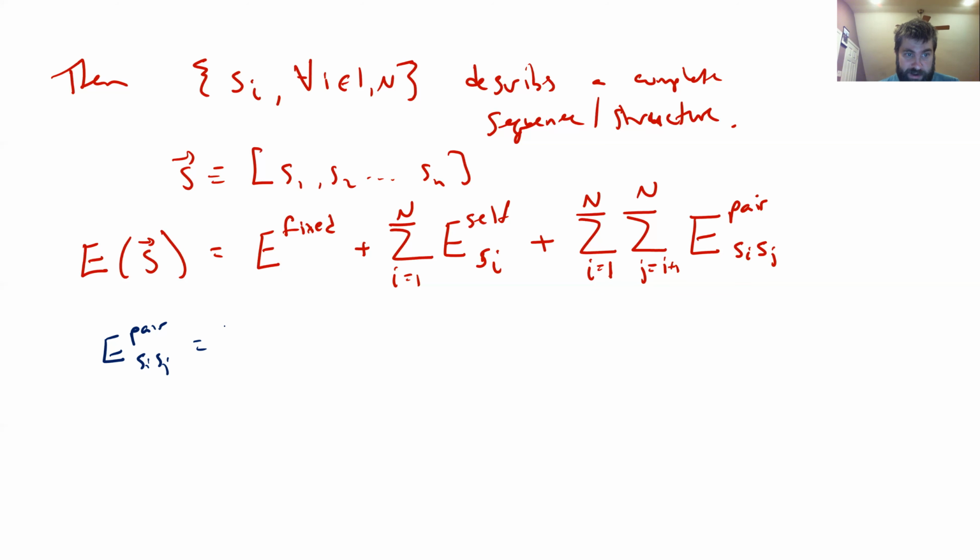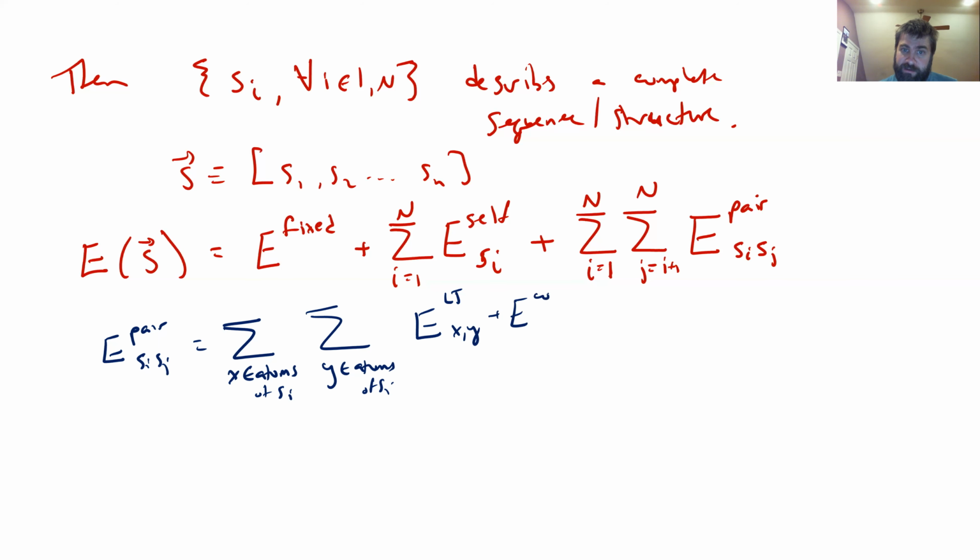And so we might write this pair energy as a sum over x in the atoms of Si, and then a sum over y in the atoms of Sj, of a Lennard-Jones interaction between x and y, and a Coulombic interaction between x and y, only the non-bonded piece.